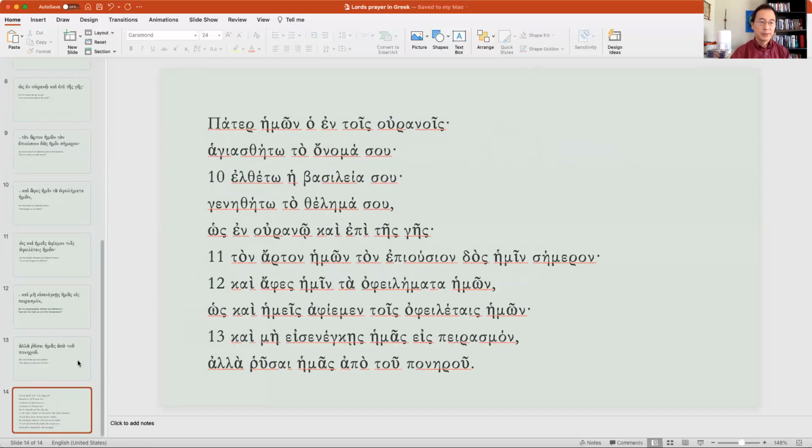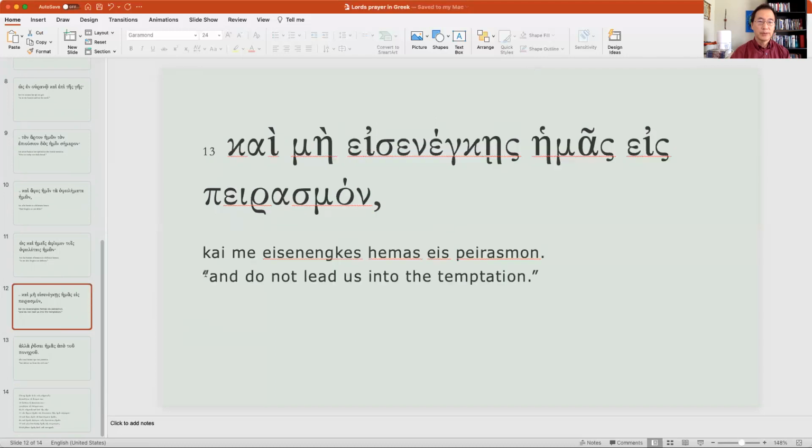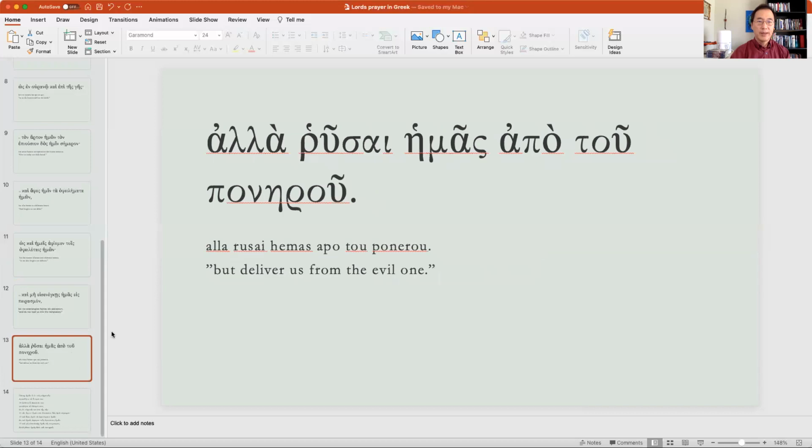The last two screens, but this is actually the last part of verse 13. Continuing. Alla rhysai hēmas apo tu poneru. This is the last part of the Lord's Prayer. Repeat after me.